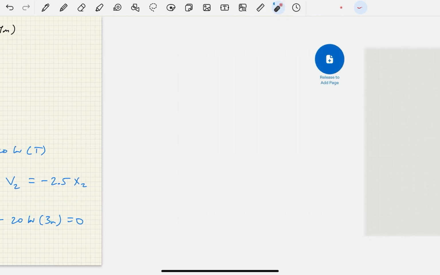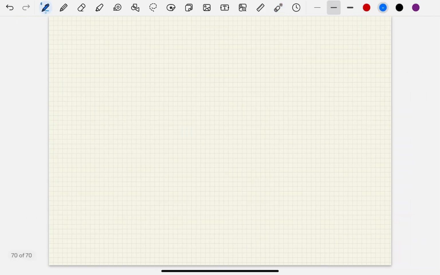So if you want to write a summary of this, what should we write? Well, we can say summary, and what we can do is we can say N as a function of x is going to equal, and then we can write these as piecewise functions, right?